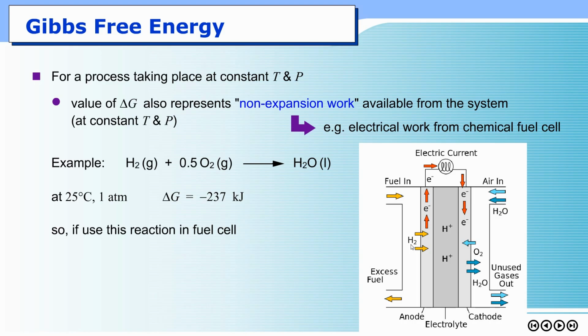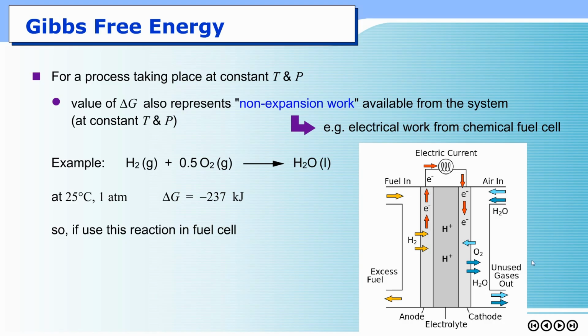If hydrogen is dissociated into electrons and protons, the proton moves to the right hand side of the cell while the electron will be drawn away, and this electron can be used as our power. Once it is used, the electron would recombine with proton and oxygen, which is supplied on the other side of the fuel cell, and then the combination would give water. Okay, water is coming out.